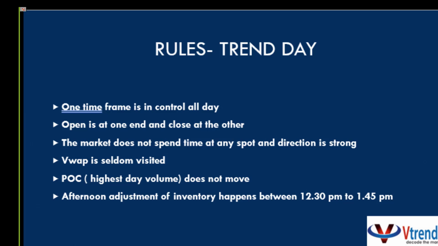The definition of a trend day is a market which opens at one end and closes at the other end. That means the open at 9:15, 9:20, 9:25 is at one end, and the close at 3:15, 3:30 is at the other end.